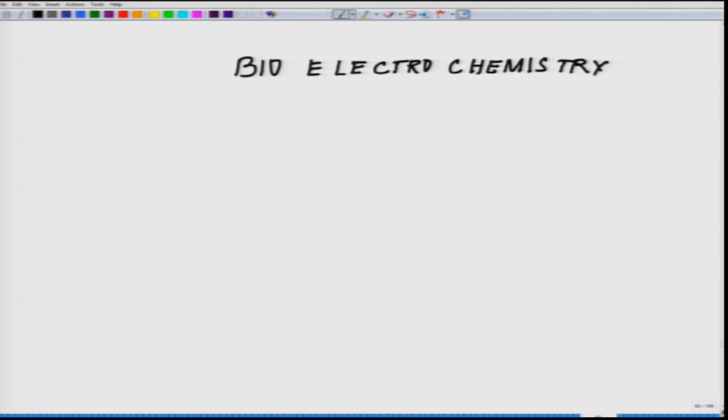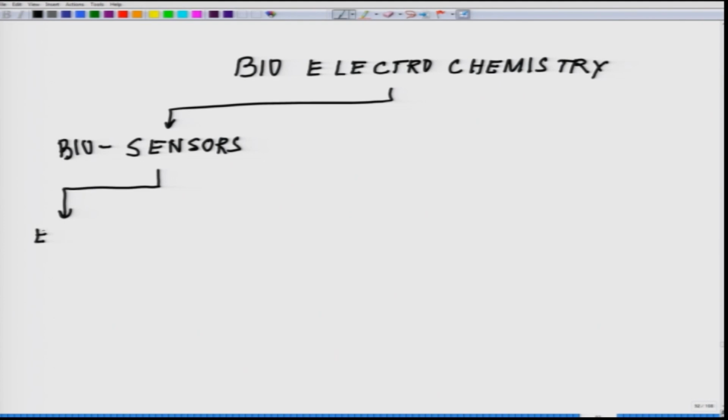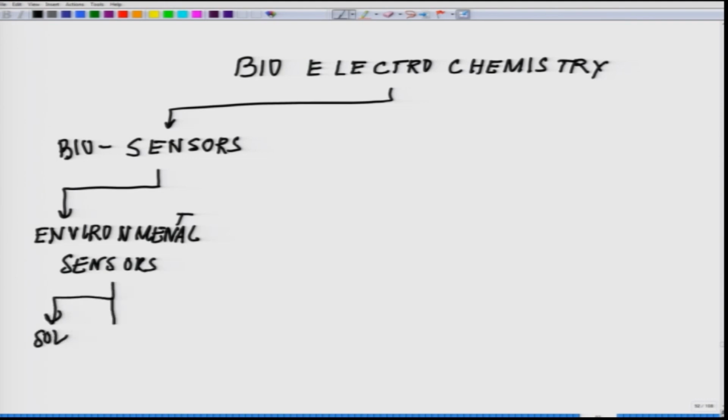Bioelectrochemistry. One of the potential areas is biosensors. Biosensors could be further divided into environmental sensors, which could be soil, water, as well as air.